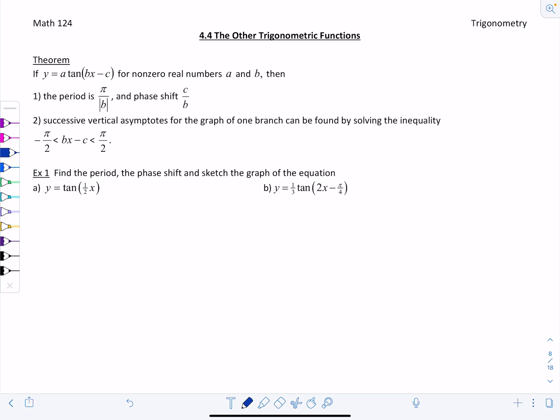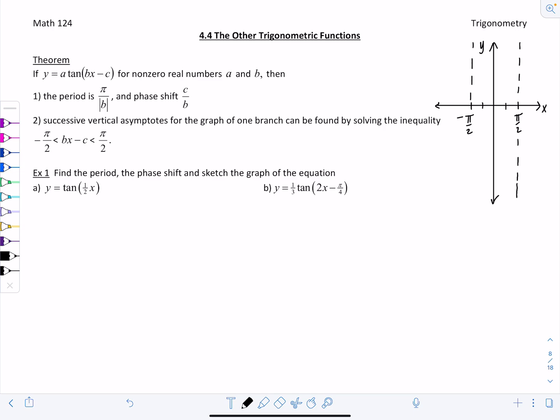Before we get going, let's recall what the basic graph for tangent of x looks like before we start changing the period and stretching it and all that good stuff. X-axis, y-axis. Remember we investigated last time, tangent's graph has vertical asymptotes at negative pi over 2 and pi over 2, and the graph repeats every pi.